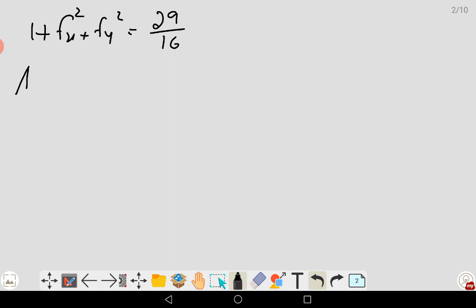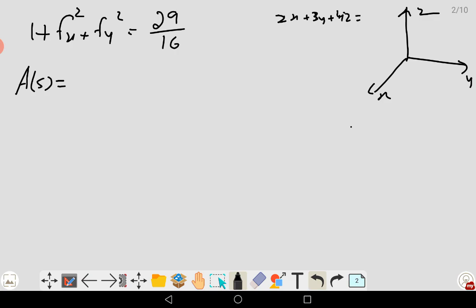Let's go with the formula, area of S. See, when you project, the tetrahedron is like this, x, y, z axis. The tetrahedron we got is 2x plus 3y plus 4z is equal to 12.